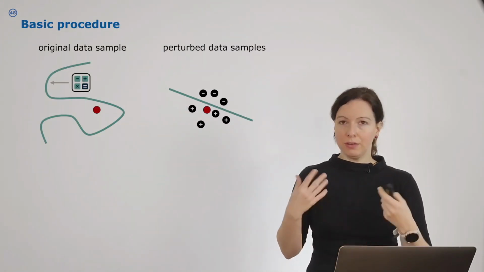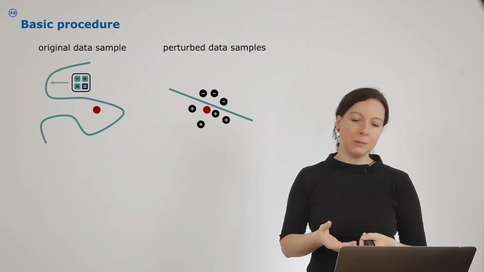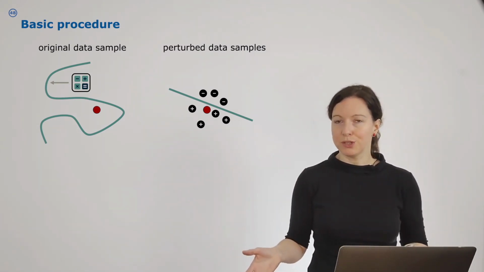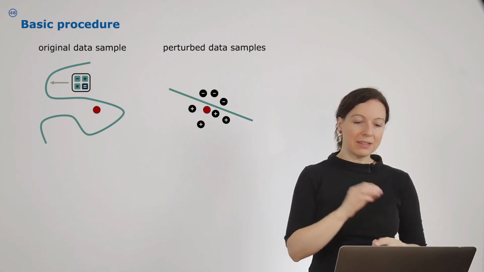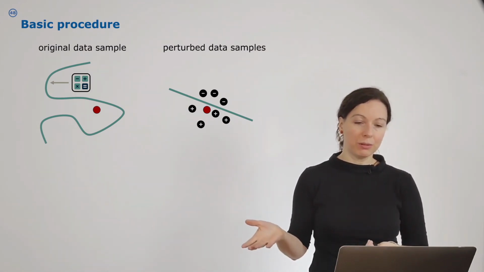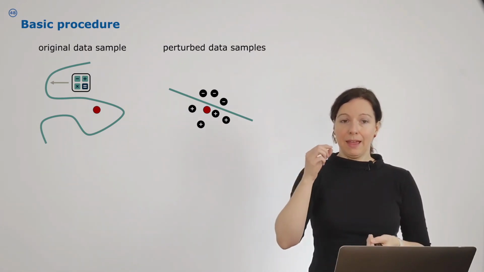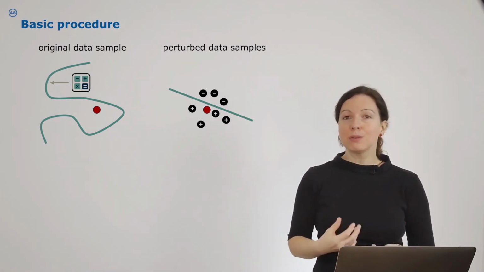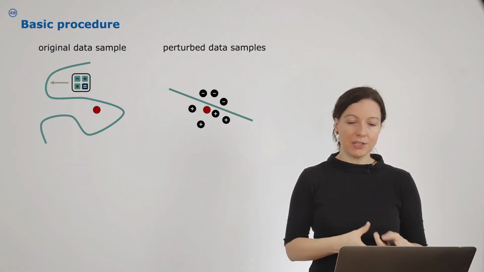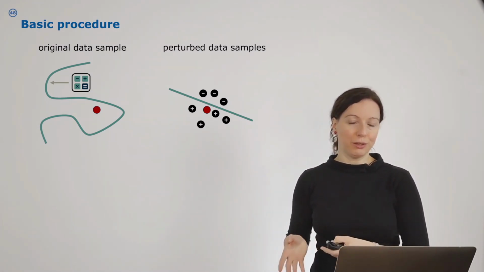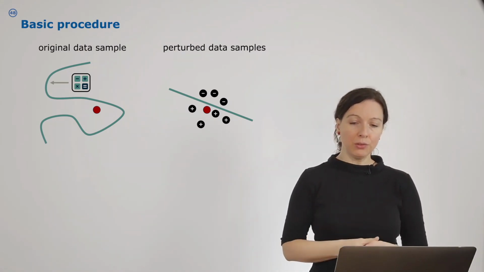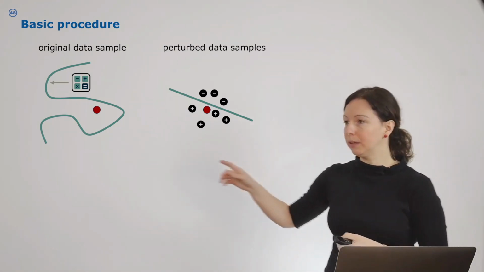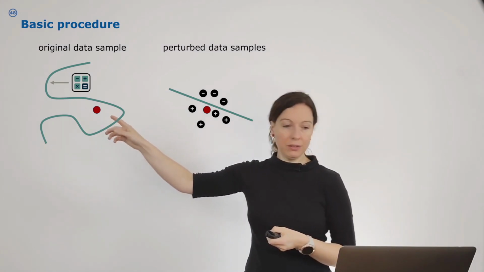You have given your intransparent model and you can get a prediction as often as you wish. And your goal is to understand why the machine learning model made a certain prediction. LIME tests what happens to the prediction when you give variations of your data into the machine learning model. So let's focus on one data sample, here the red dot.